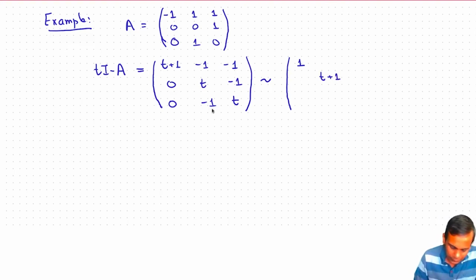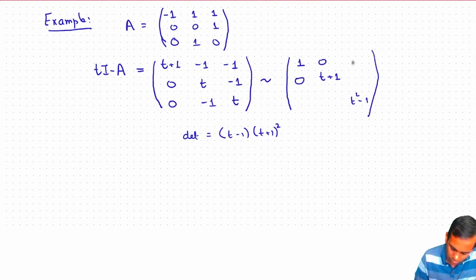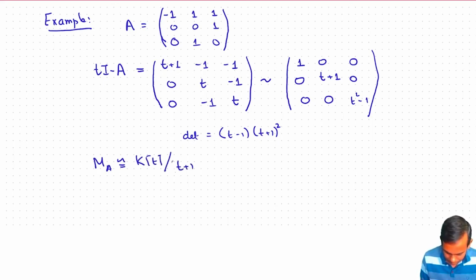And the determinant of this whole matrix, if you compute it, turns out to be T minus 1 into T plus 1 whole squared. So this third thing in the Smith canonical form is this divided by T plus 1, which is just T squared minus 1. So the Smith normal form of TI minus A is this, which means that M_A is isomorphic to K[T]/(T plus 1) direct sum K[T]/(T squared minus 1).